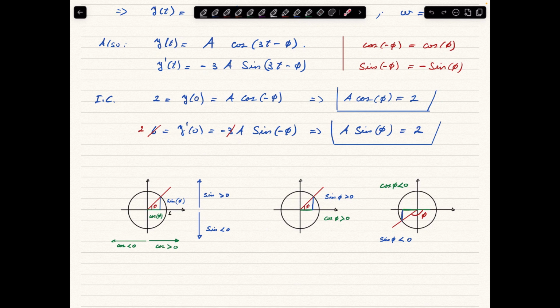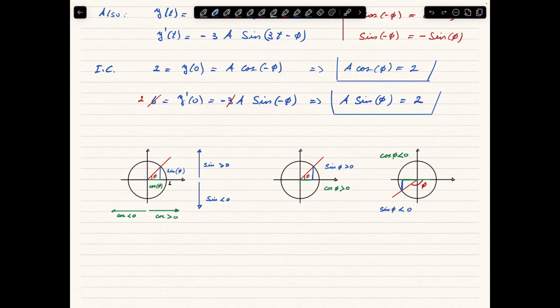Now we know from our initial conditions that we are looking for a solution whose cosine has to be positive, and whose sine has to be also positive.